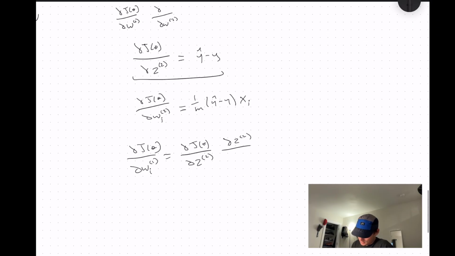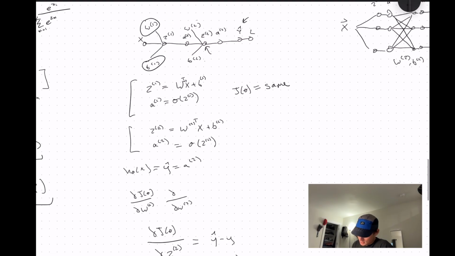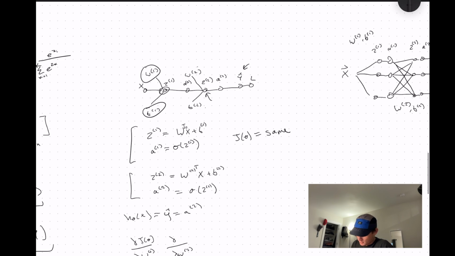I see. Okay, so let's hold off on this. In order to do that, we need to get here. And then we can go out. Okay, so we need to get that first.